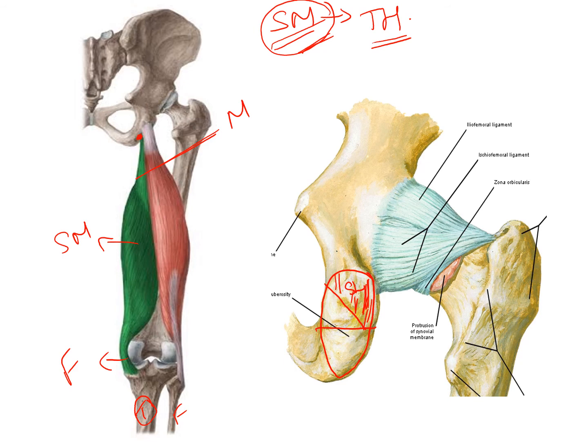Which part of the tibia? It gets inserted onto the posterior aspect of the medial condyle of the tibia. So, the upper posterior aspect of the medial condyle of the tibia. That is the insertion of semimembranosus.